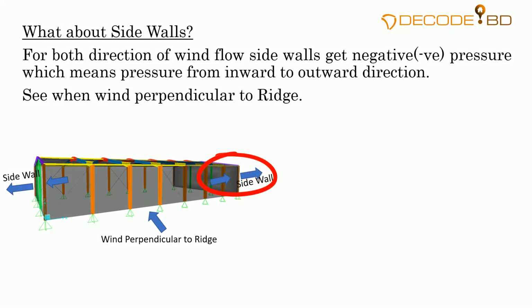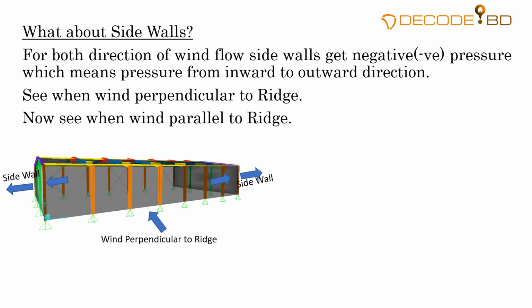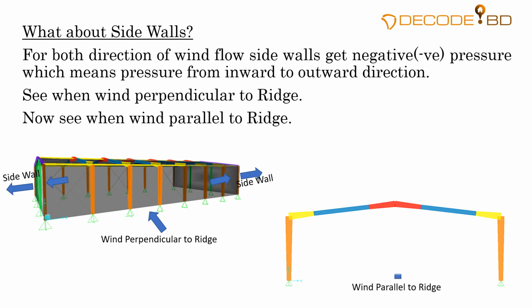That side sidewall, the same way from inward to outward. Now see when wind is parallel to ridge. In this figure, when wind is parallel to ridge in this direction, then on this side wall the pressure will be from inside to outside, that means inward to outward, and this side wall the same way from inward to outward.